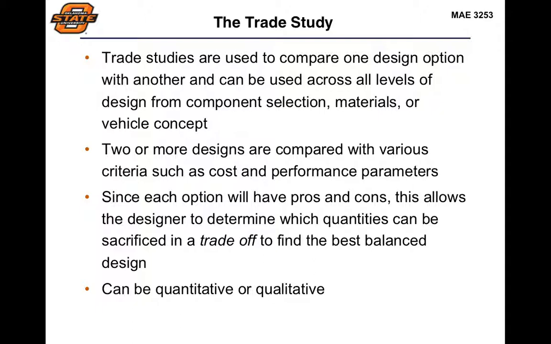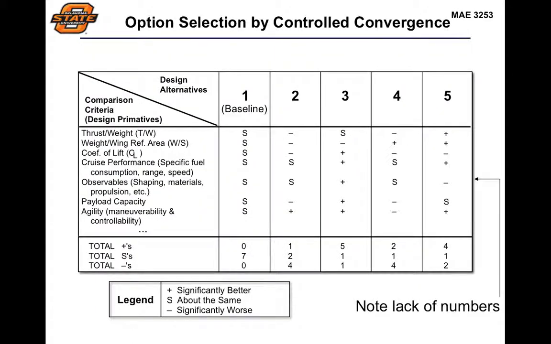You have to be really careful when you start weighting trade studies, so you're giving different values or importance to different parameters, because that essentially allows you to put your finger on the scale and say, well, I really like this design, so I'm going to give the performance parameter that rates really highly in this particular design much more weight than some of these other parameters. So you have to be really careful with that. You want to make sure that you're trying to be really fair and objective when you go through a quantitative analysis.